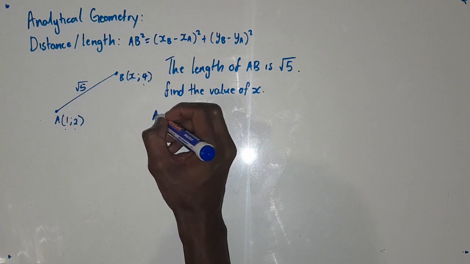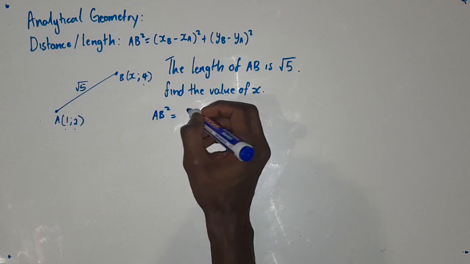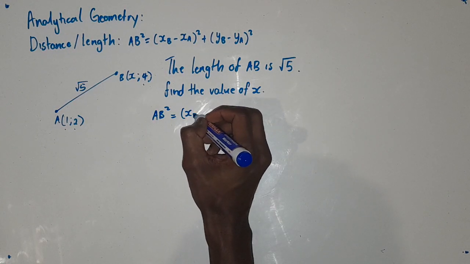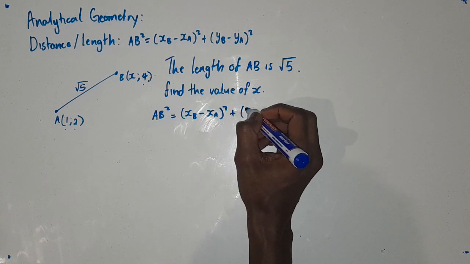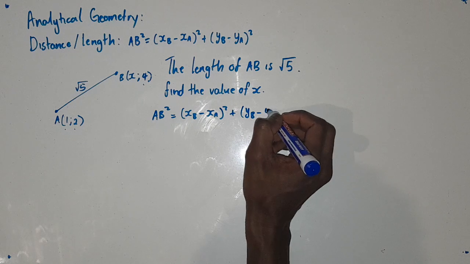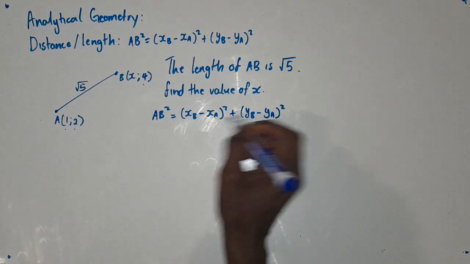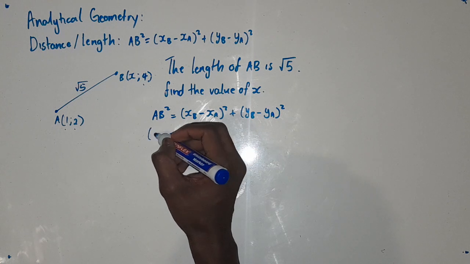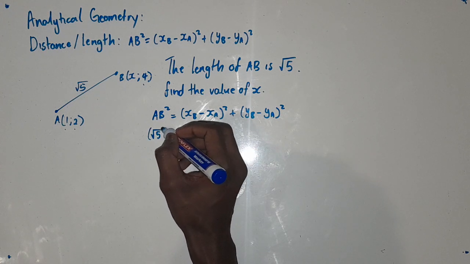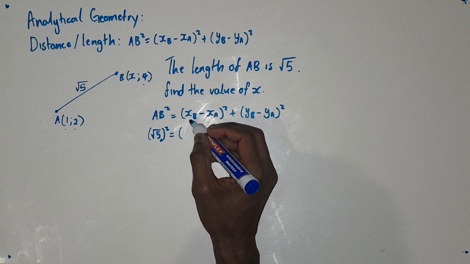We can then consider this formula: AB squared equals (xb minus xa) squared plus (yb minus ya) squared. Root 5 squared.